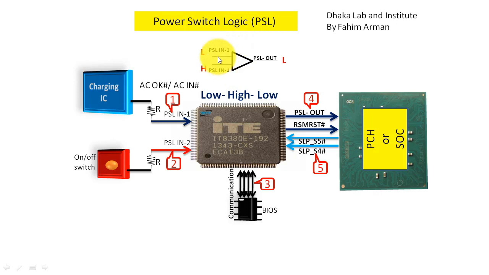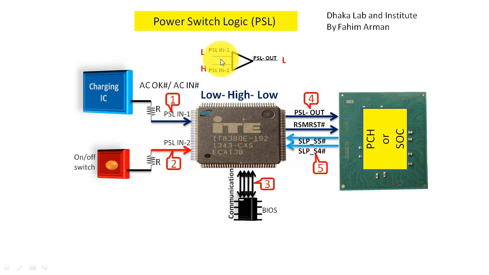In that signal ACOK# or ACIN#, there is PSL_IN1, and this will be low. On the input side of the comparator, the first input will be PSL_IN1, which will be low, and then in the other input there will be 3.3 volts, so it will be high. This comparator is an AND gate.